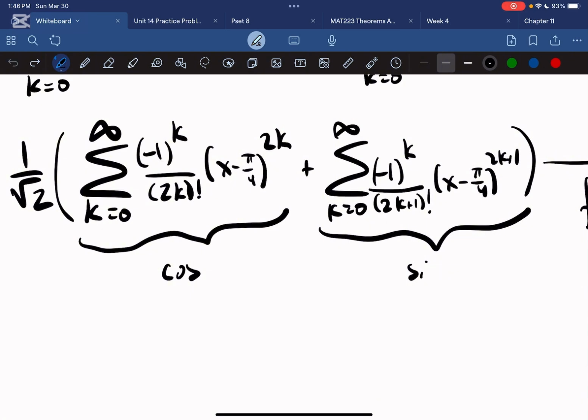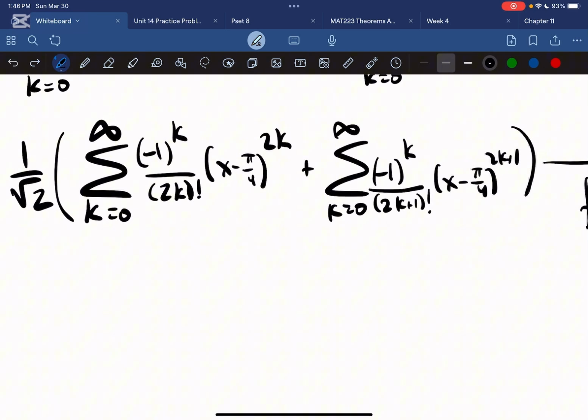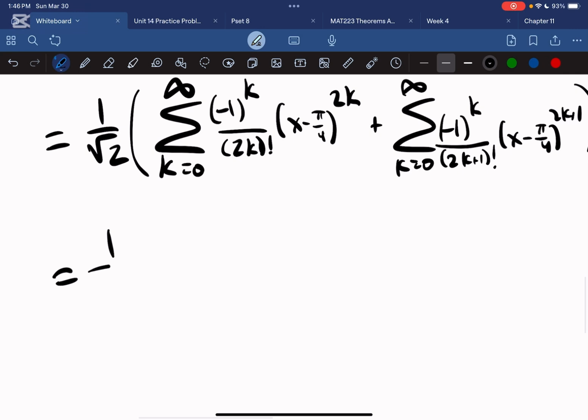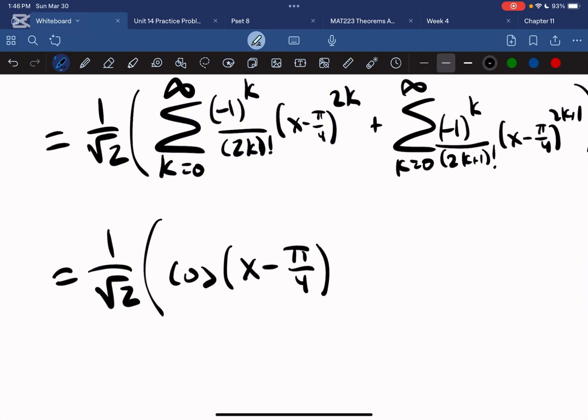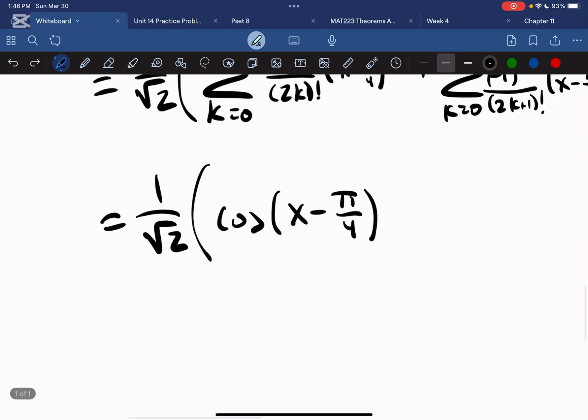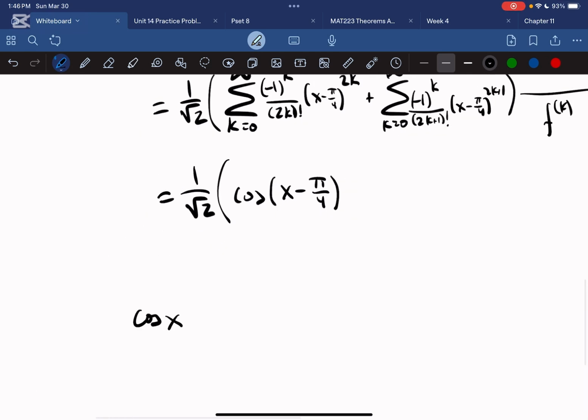What this means is that this is equivalent to saying cos evaluated at x minus pi over 4. See that? Because our Maclaurin series for cos x is equal to this.